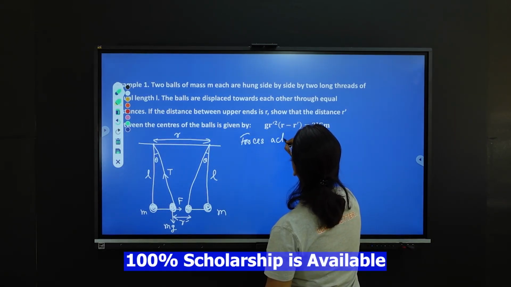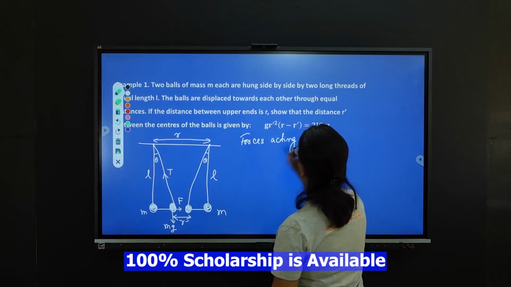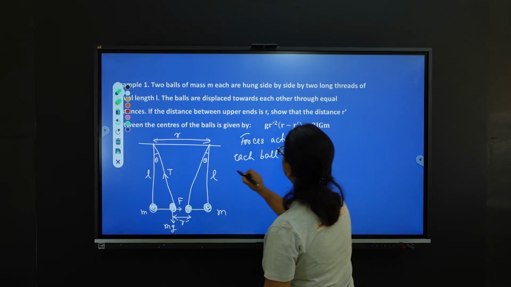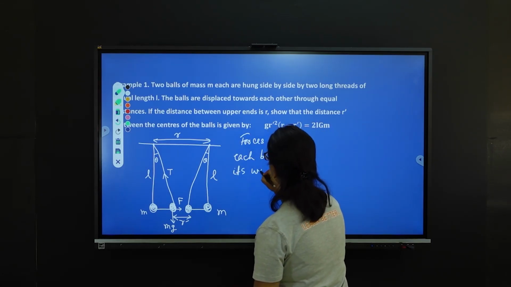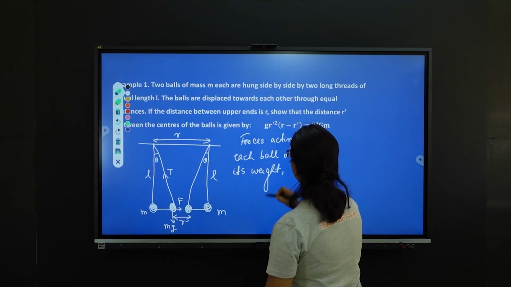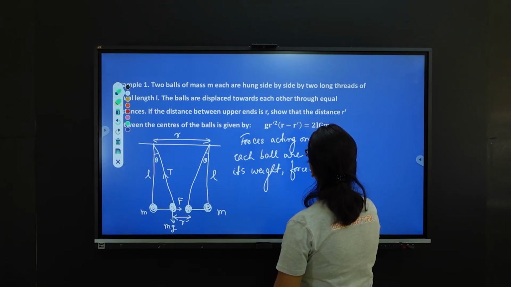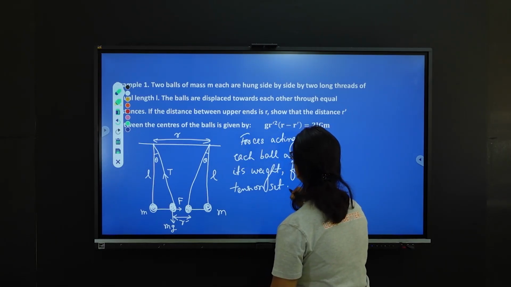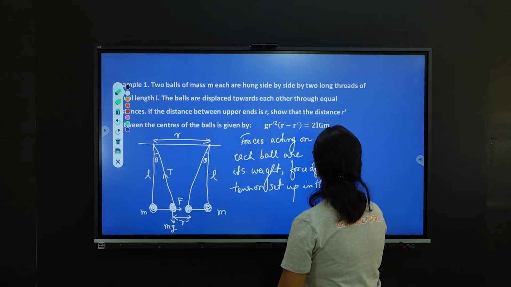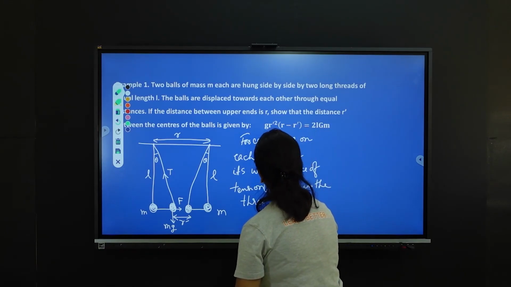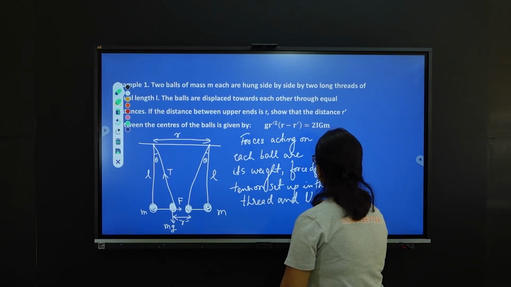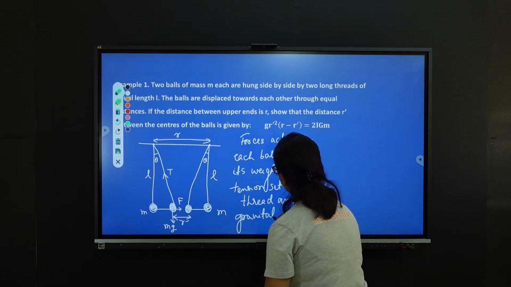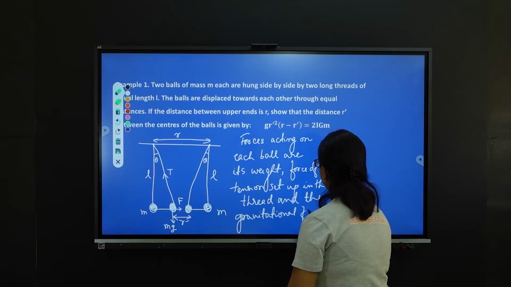Forces acting on each ball are its weight, the force of tension set up in the thread, and the gravitational force of attraction.